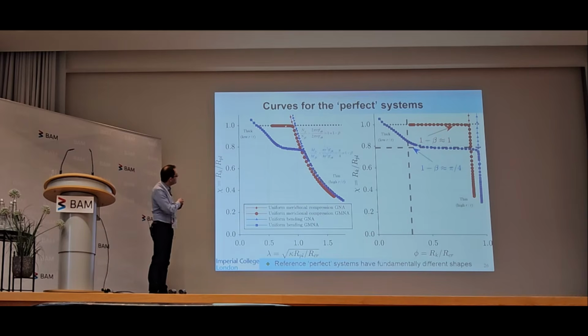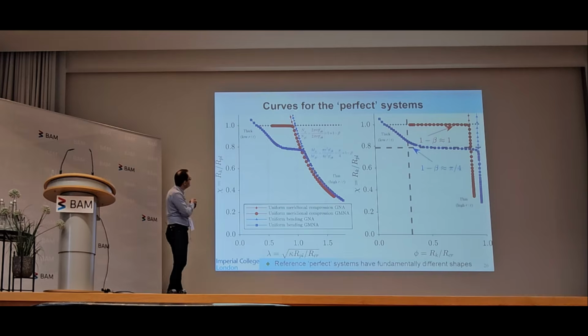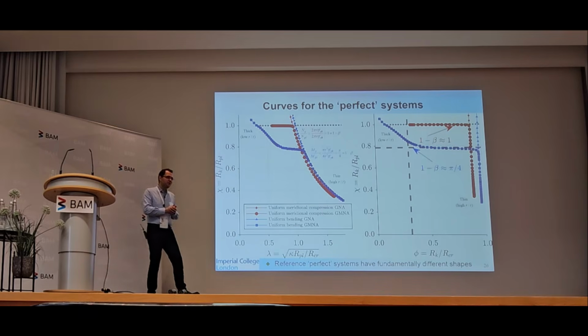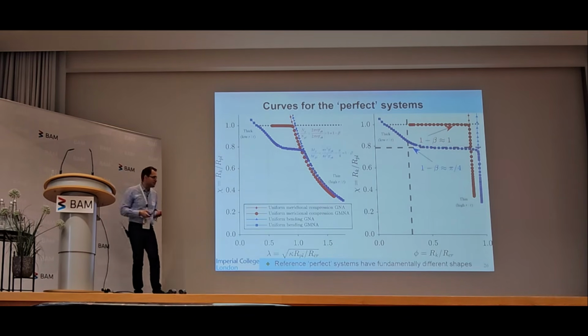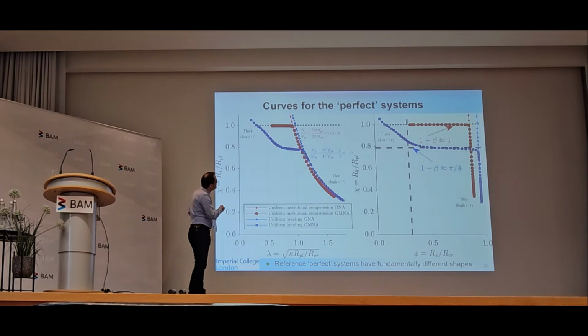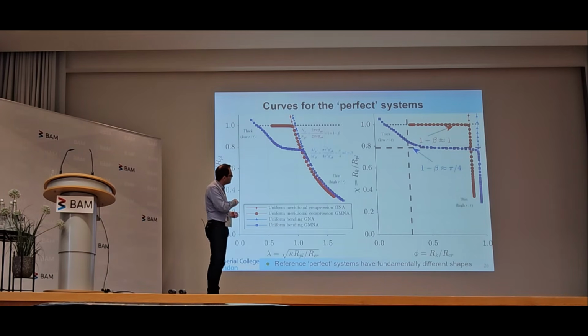Therefore, the first point where you are affected by yielding is already the full plastic condition. And that translates into a 1 minus beta value of 1, which is right up there. But for bending, it's different, because the first point where yielding affects bending is quite a bit sooner than the condition for full plasticity. And this value here, which you can check from beam theory, is about pi/4, which is about 0.79.